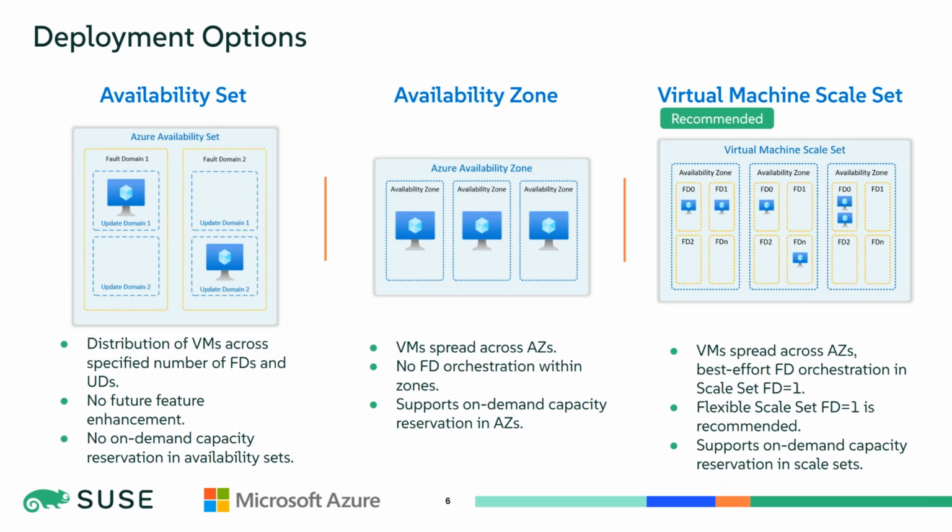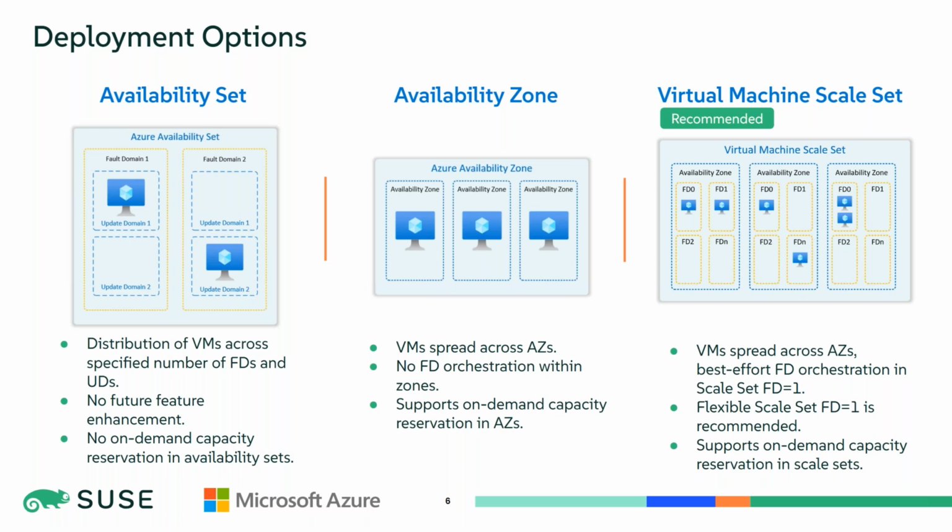Then over the period of time, as Azure has expanded its footprint, we introduced availability zones. So we introduced an architecture for SAP workload that can be spanned across availability zones as well. In availability zones, VMs are spread across different AZs.